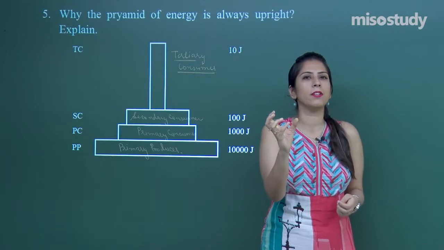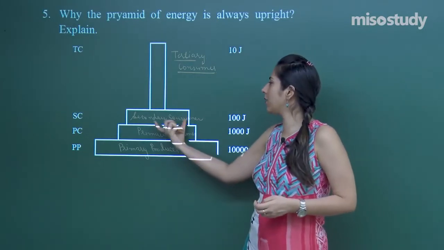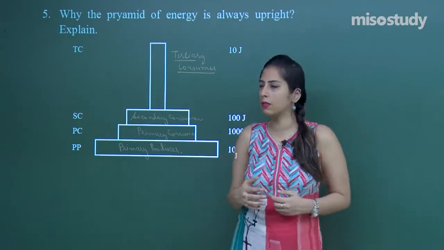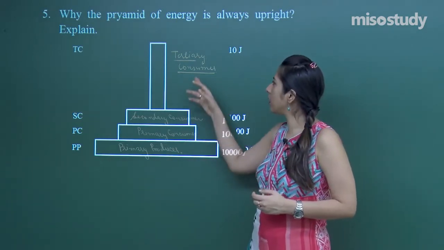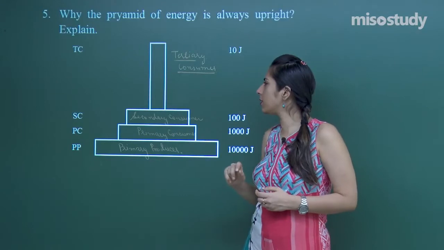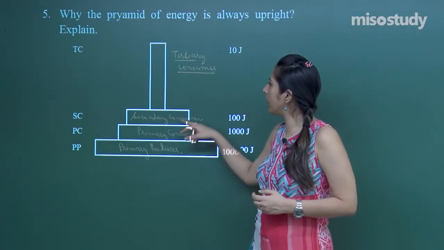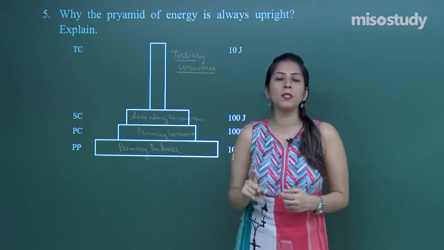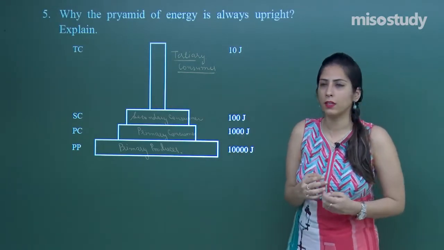Only 10% energy will remain in the secondary consumer, present in their biomass. After that, the tertiary consumer depends upon the secondary consumer, so only 10% of energy will be transferred, and the rest 90% will be dissipated.